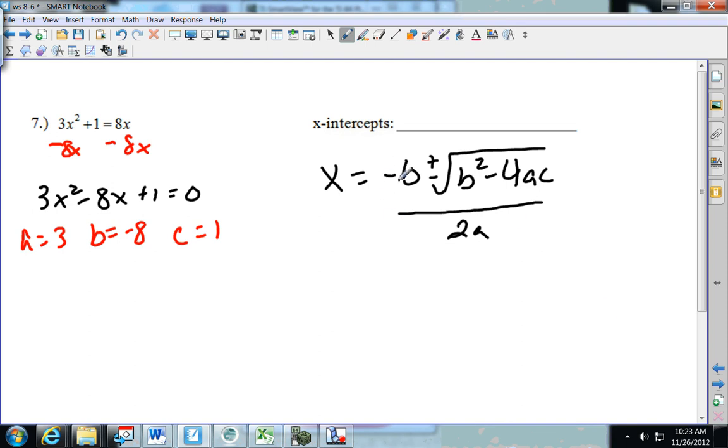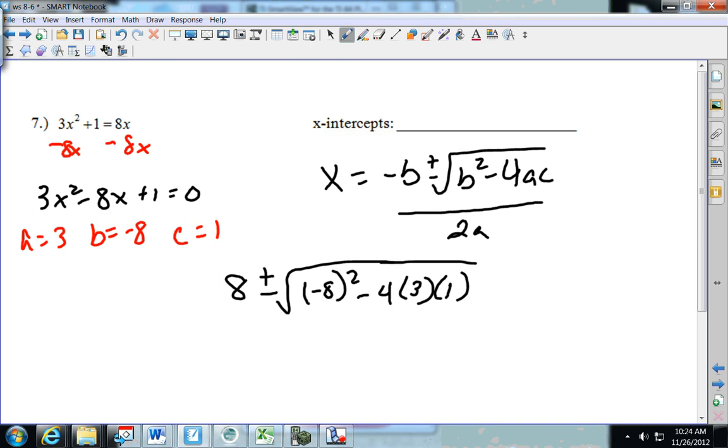The opposite of B is negative 8, so now it becomes positive 8. Plus or minus the square root. B squared, negative 8 squared, minus 4 times A times C. All over 2 times A. Whoops, A is 3. There we go.